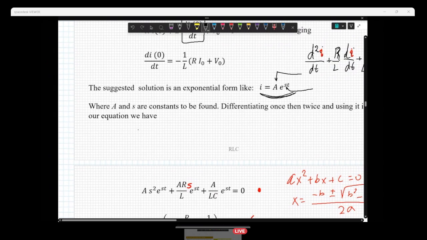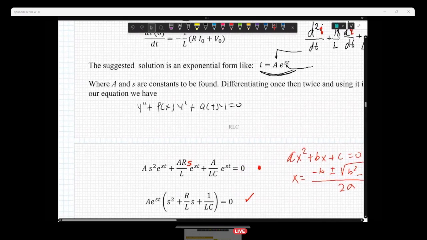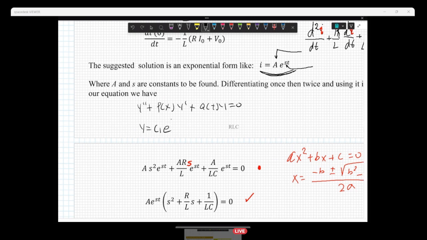For example, if you have y double prime plus p of x y prime plus q of t y equals 0, you apply the quadratic formula, right? And you get your roots. Do you remember when you write down the equation? It'll be y equals c1 e to the first root, x1 t, plus c2 e to the x2 of t. That's where that comes from. Hence, that's what the roots are here.